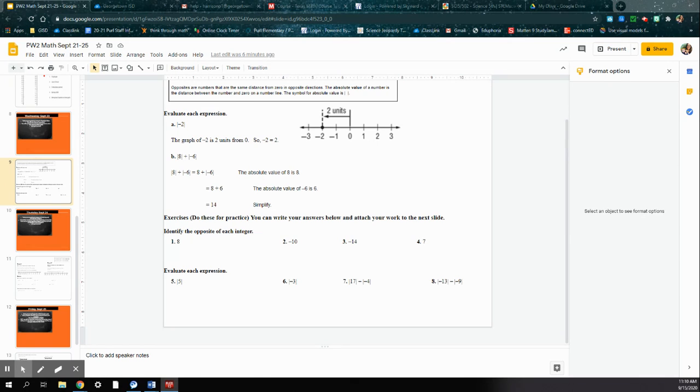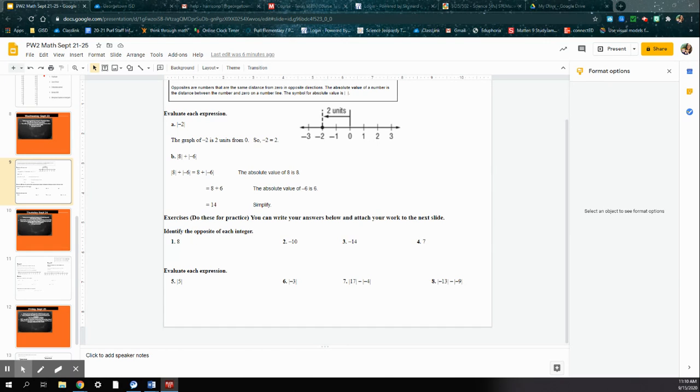So let's look at what that looks like. If I'm evaluating these expressions, you're going to see the word evaluate. You're going to see the word expression. These are new vocabulary words that you are now going to start using. So we're going to evaluate these expressions.